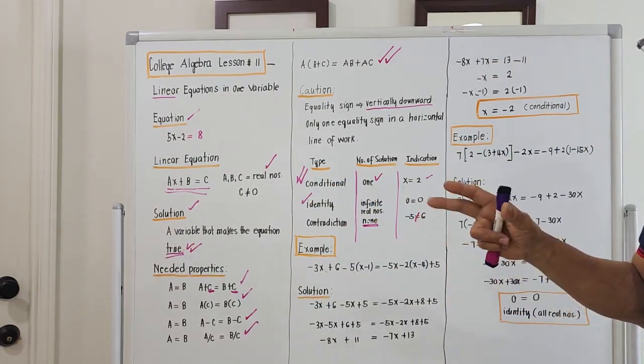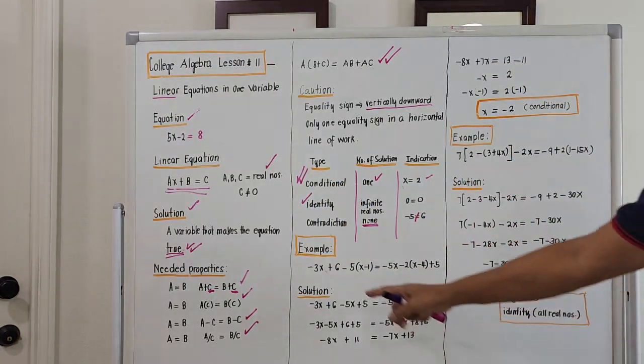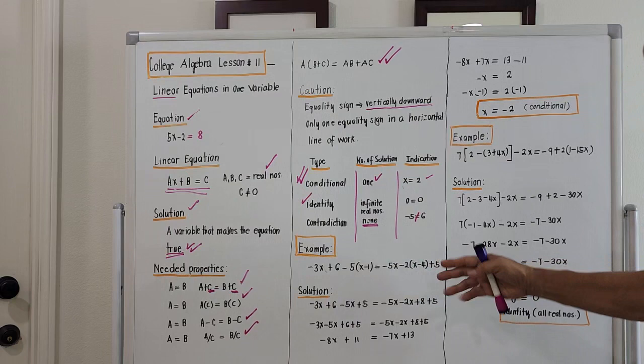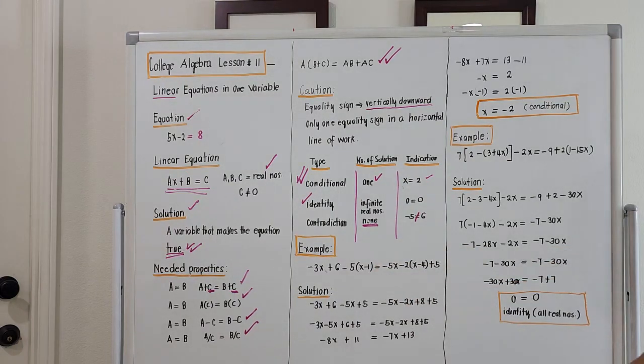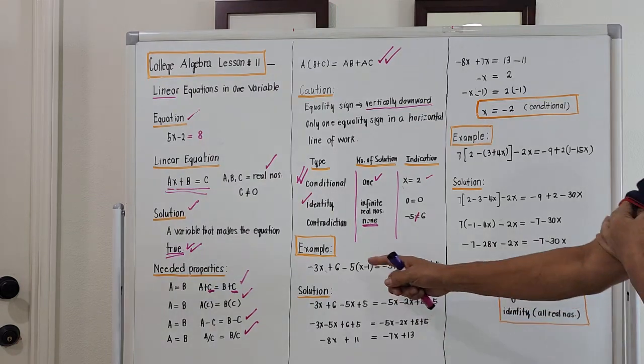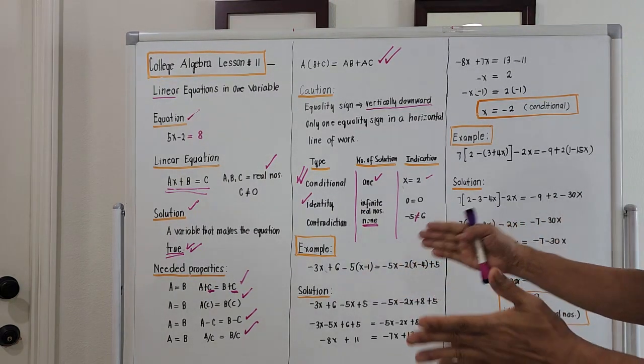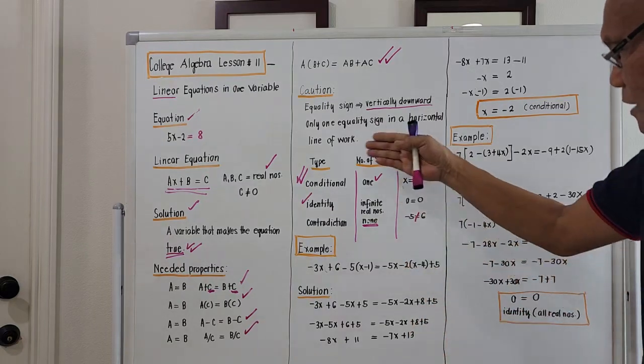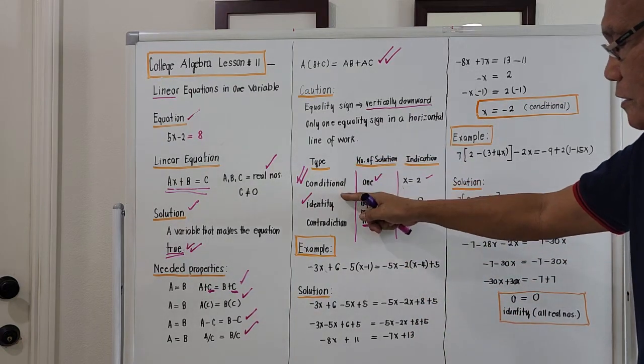The power is just simply 1, okay? This is x, this x, x, so they are all linear, okay? Okay, let's try to bring out the solution. The requirement of the problem is to solve the equation and identify what type of linear equation comes out. Is it conditional, identity, or contradiction?